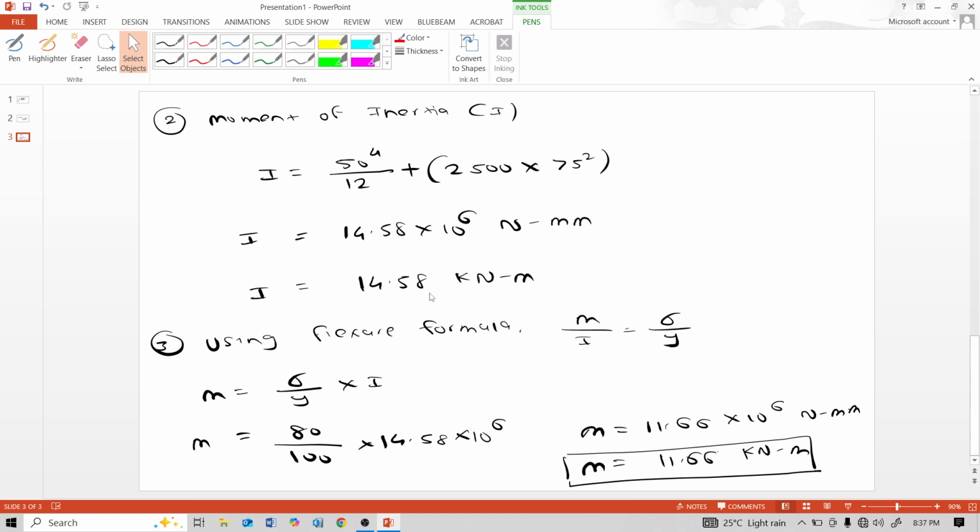So the moment of inertia we get is 14.58 kilonewton meter. And using the flexure formula, we find the moment about the neutral axis. The moment about the neutral axis is 11.66 kilonewton meter.